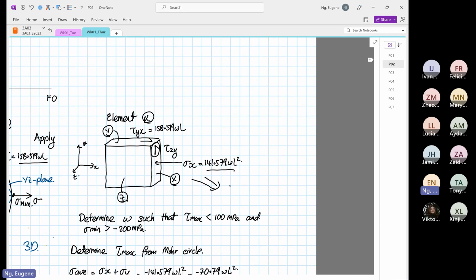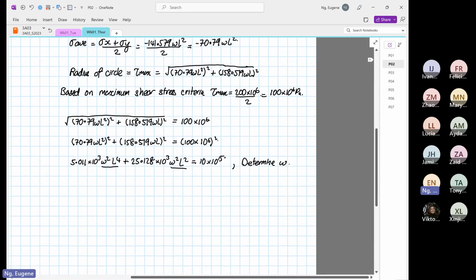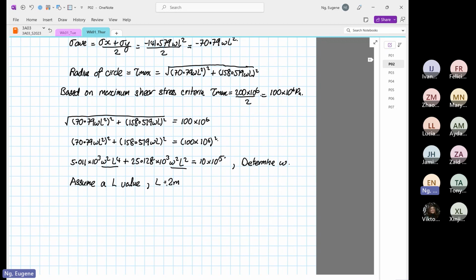So when you come to a problem like this, it's not unsolvable. The next thing you have to do is assume an L value. For this case, I'm going to assume L is equal to 2 meters.